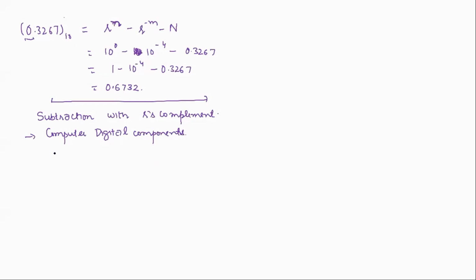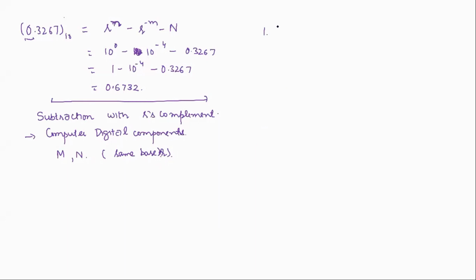Suppose you have two positive numbers, m and n, of the same base r. What is the procedure?